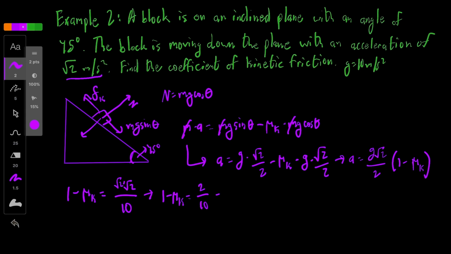Now, if we bring micro k over and isolate it, we get micro k is equal to 8 over 10, or the coefficient of kinetic friction is equal to 0.8. So, that is our final answer and the solution to this problem.